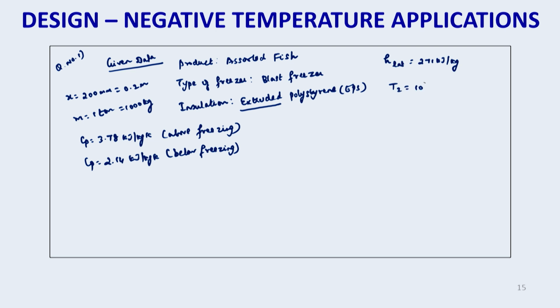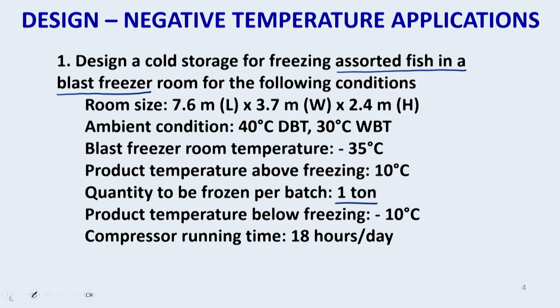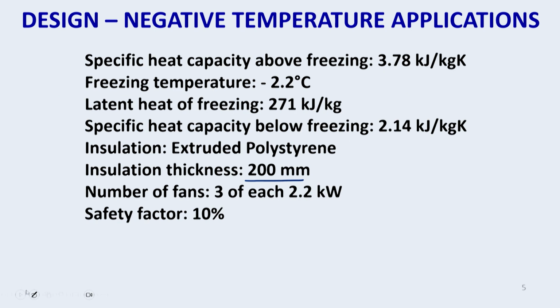T2 is equal to 10 degrees centigrade. T3 is equal to minus 10 degrees centigrade. And freezing temperature, you look at the given data: product temperature above freezing 10 degrees centigrade, product temperature below freezing minus 10, and freezing point is given.